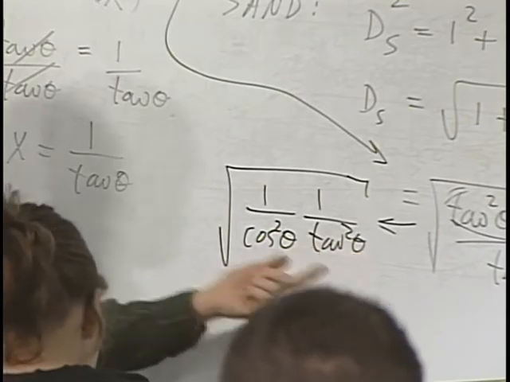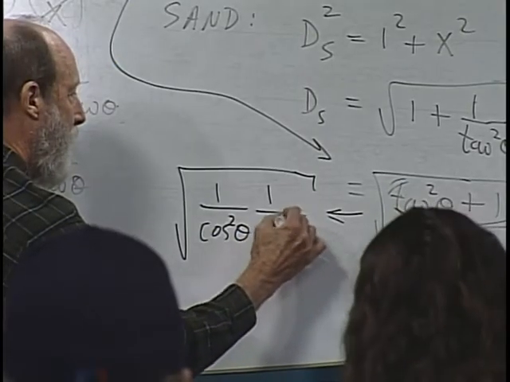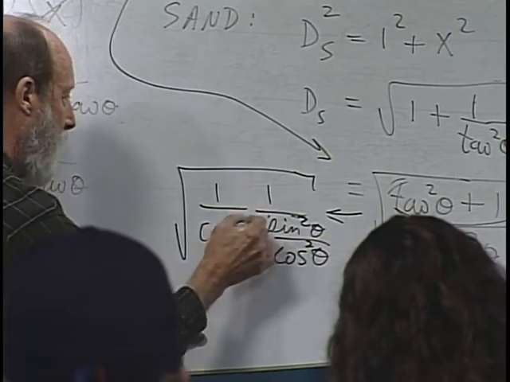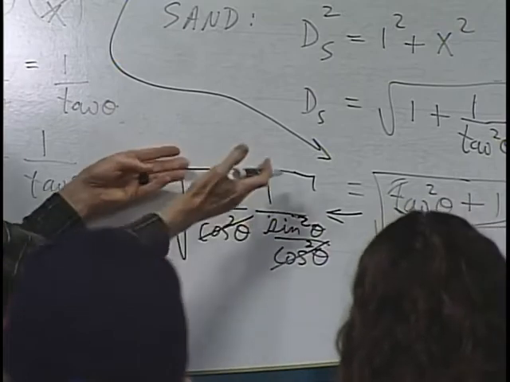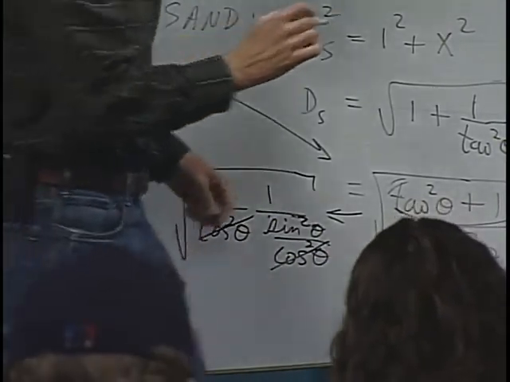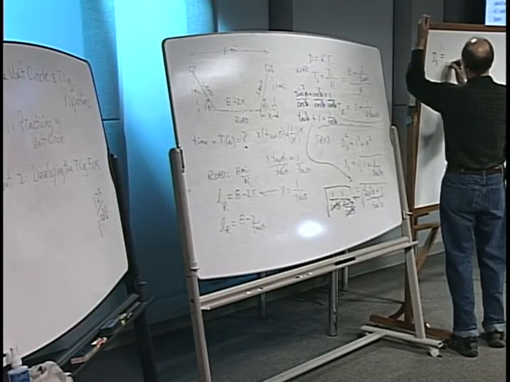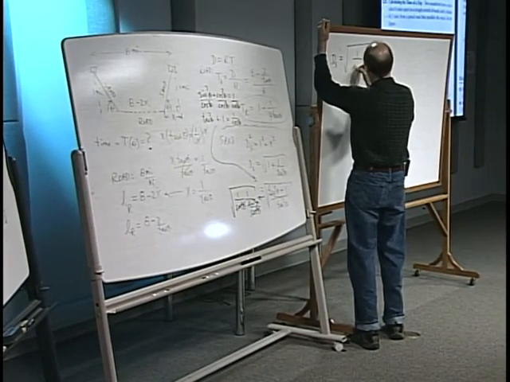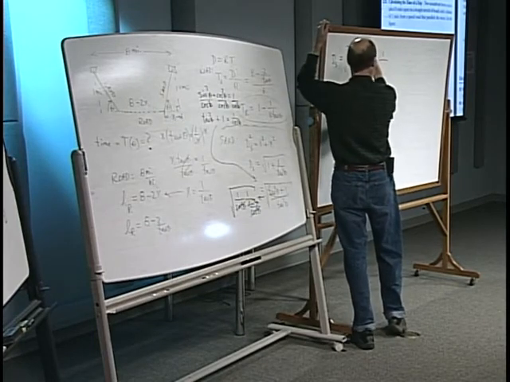Sine squared over cosine squared. So I could come in there and replace that denominator with sine squared theta over cosine squared theta, and then these cosine squared thetas disappear. So this whole mess degenerates to, I better go to the other board, the distance on the sand degenerates to the radical of 1 over sine squared theta, which reduces to, when you take the square root of the numerator, you get 1.